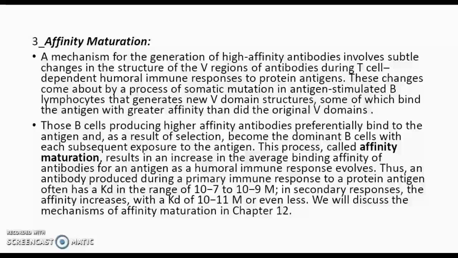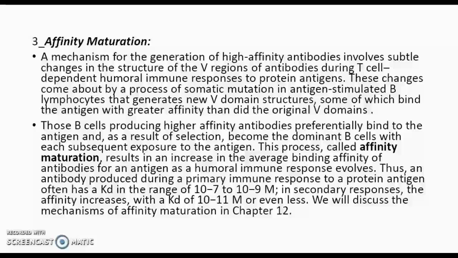Those B cells producing higher affinity antibody preferentially bind to antigen, and as a result of selection become the dominant B cell with each subsequent exposure to the antigen. This process, called affinity maturation, results in an increase in the average binding affinity of antibody for an antigen as a humoral immune response evolves.